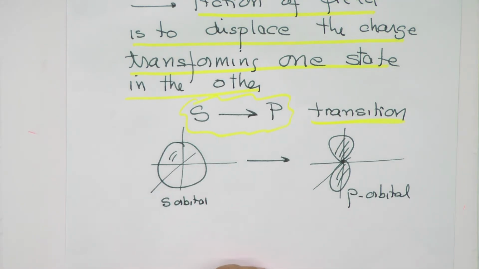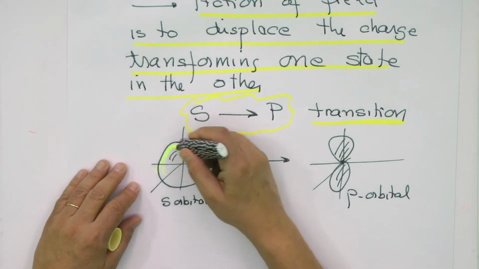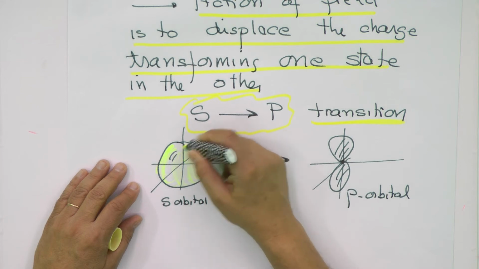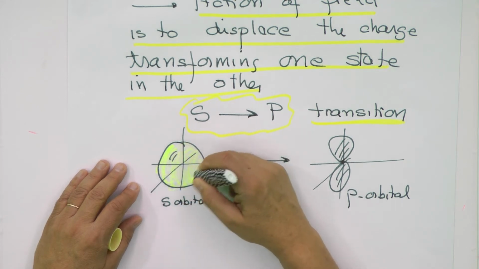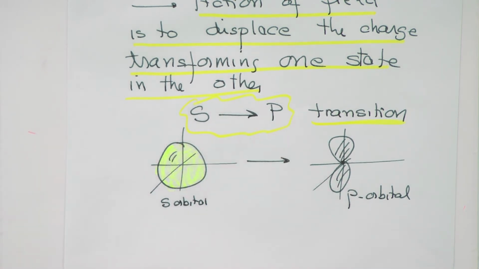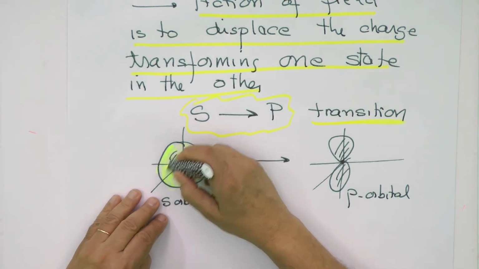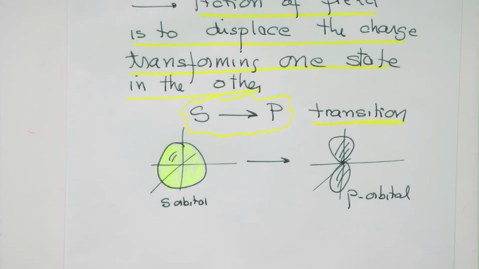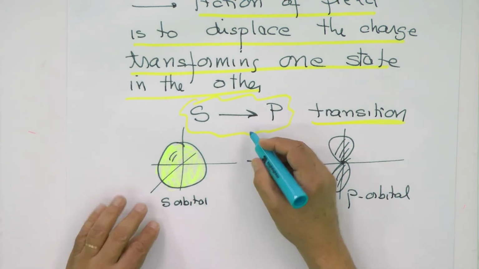In this case, we start with the S state, which is a spherically symmetric, isotropic charge distribution, probabilistically speaking. And here comes somebody and adds to it an electromagnetic radiation.